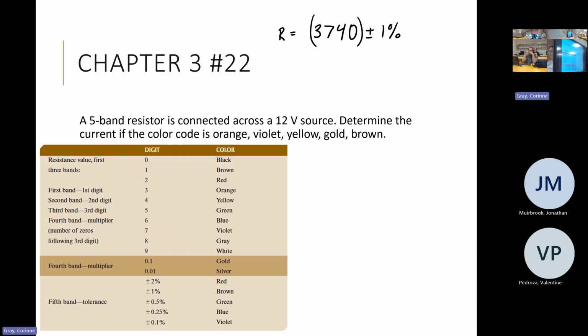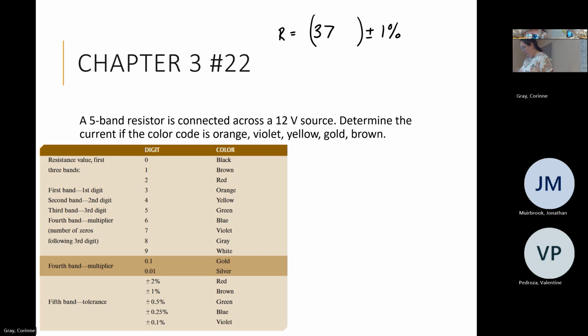What do you think I do with this tolerance? Why is it important that I have this tolerance value? Yeah. What else? Yeah, so technically with it, we can have 1% more or 1% less with that tolerance value.